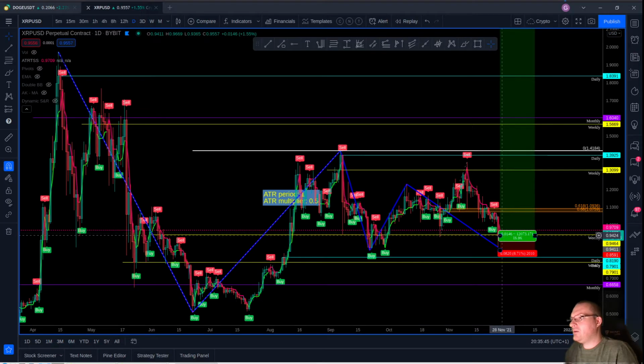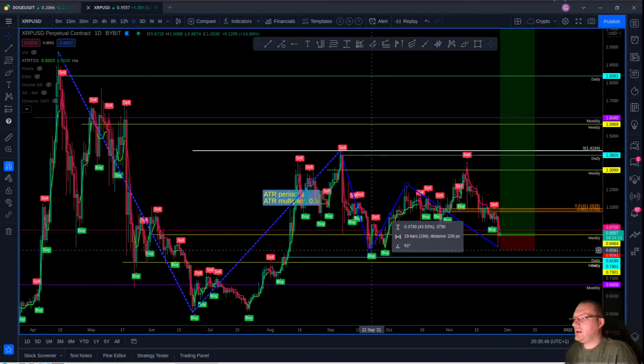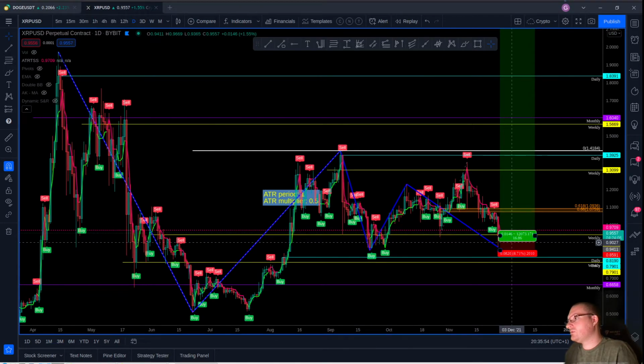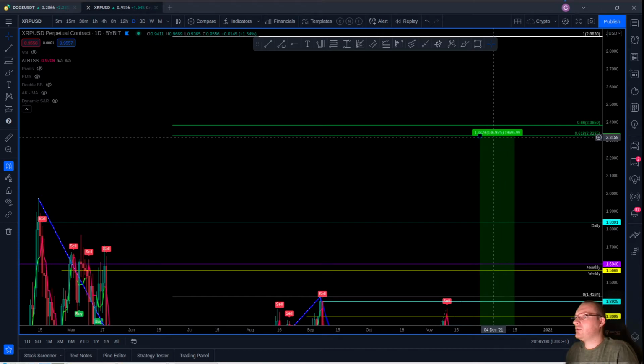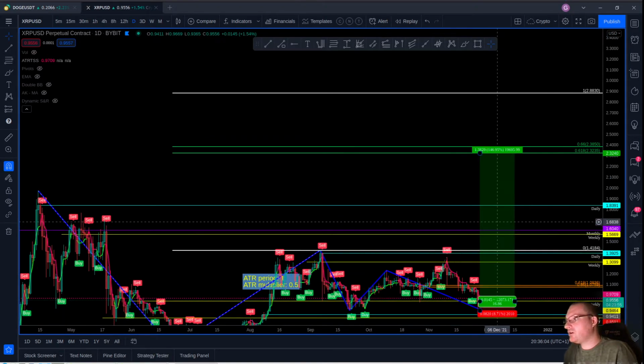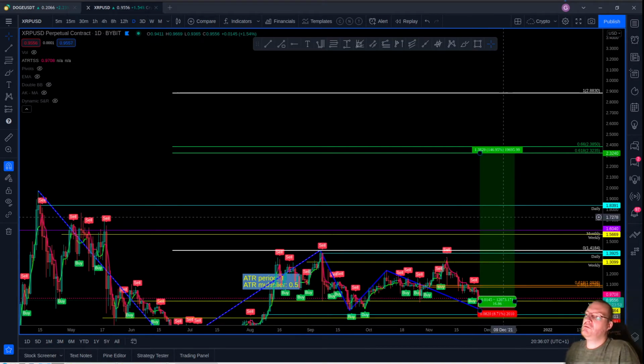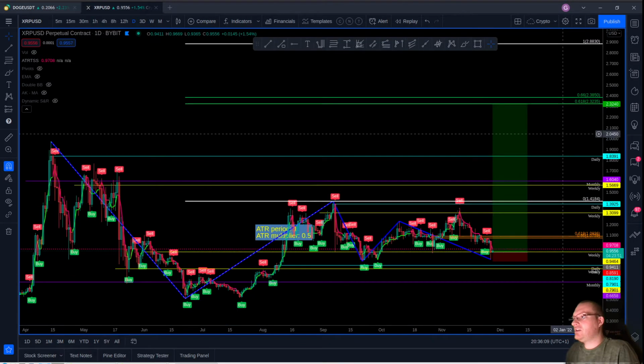So you go in now, you take your stop loss below the last low from the 21st of September. So that's about 9% to the downside. And then to the upside, it's 146%. So risk to reward, almost 17. So it's a very, very nice trade.